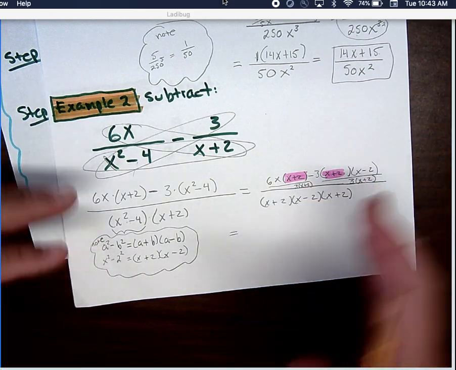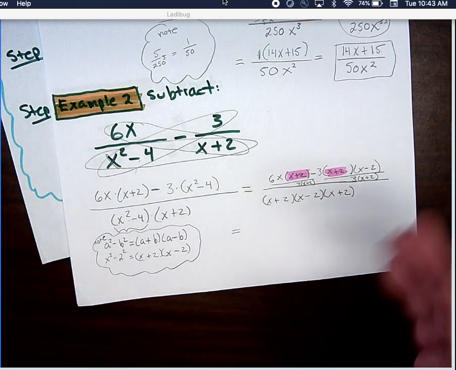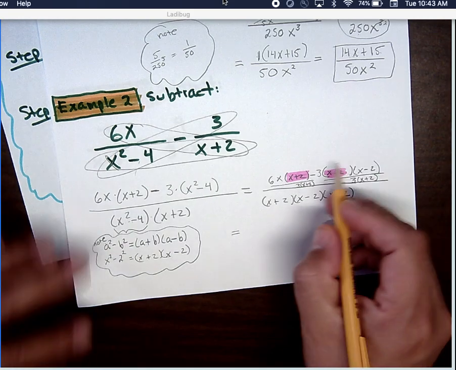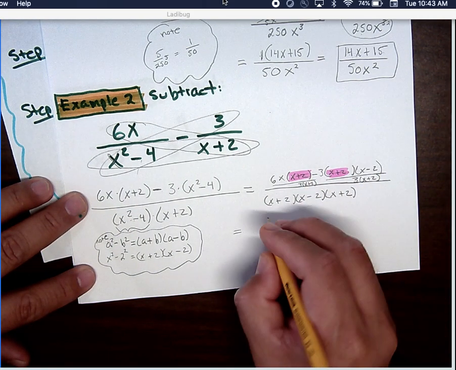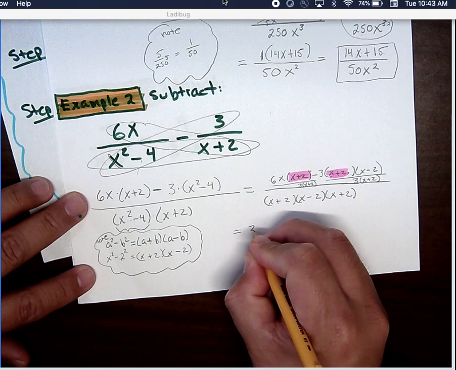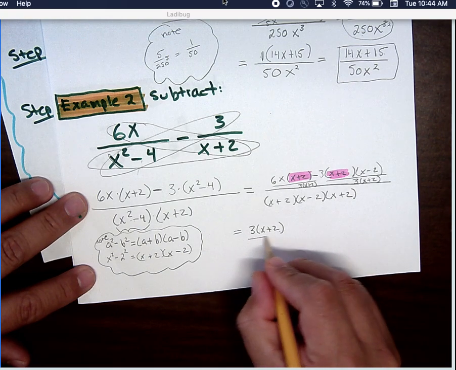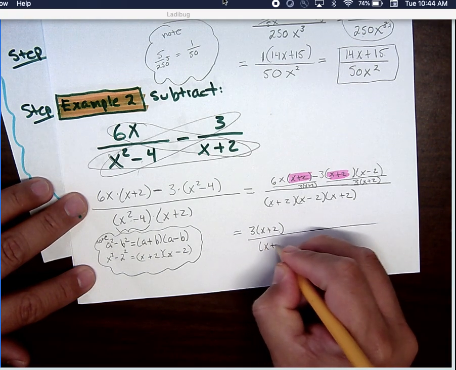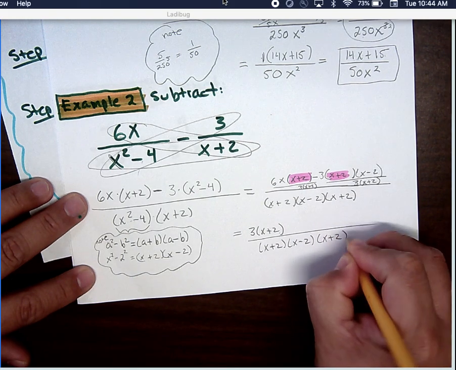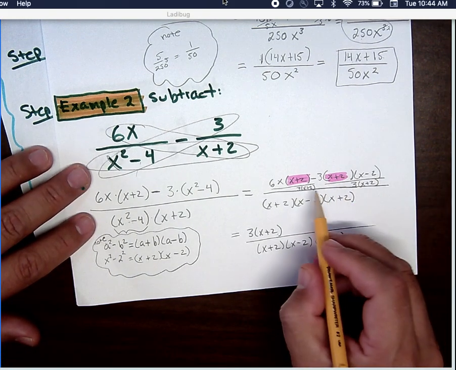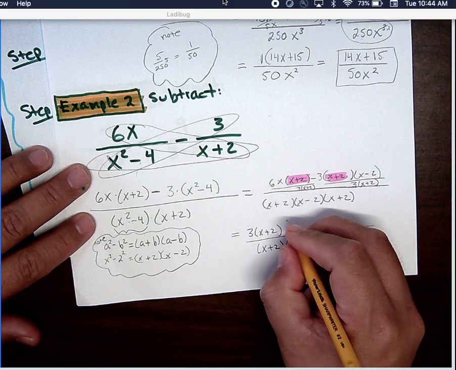So this is where it gets a little bit more complicated, because you need to think about factoring first before you can sometimes combine the whole thing on the top. So now we're gonna GCF the 3 times x plus 2. So that's the GCF. The bottom stays the same. From this term, 6 divided by 3 becomes a 2.